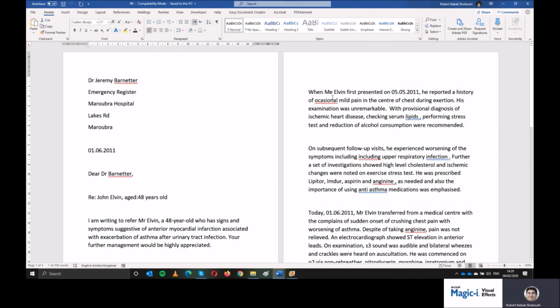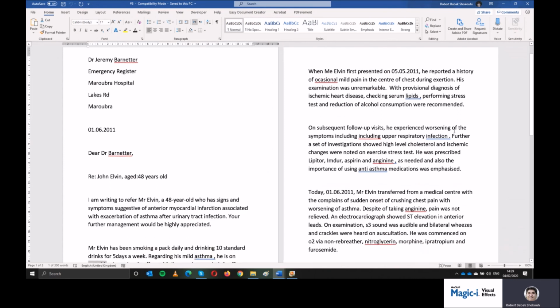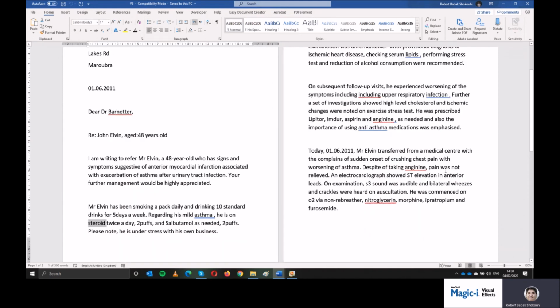First presented reporting occasional mild chest pain. Provisional diagnosis, serum lipids, stress test, reduction of alcohol, worsening of the symptoms, upper respiratory infections, set of investigations, high level of cholesterol, ischemic changes, and prescribe Lipitor, Imdur, aspirin, and angionin as needed, and also the importance of using anti-asthma medications.